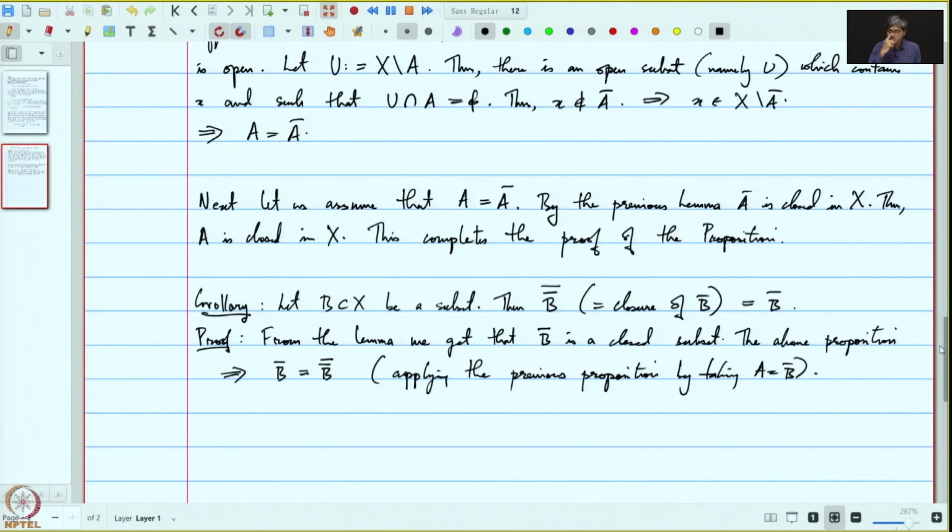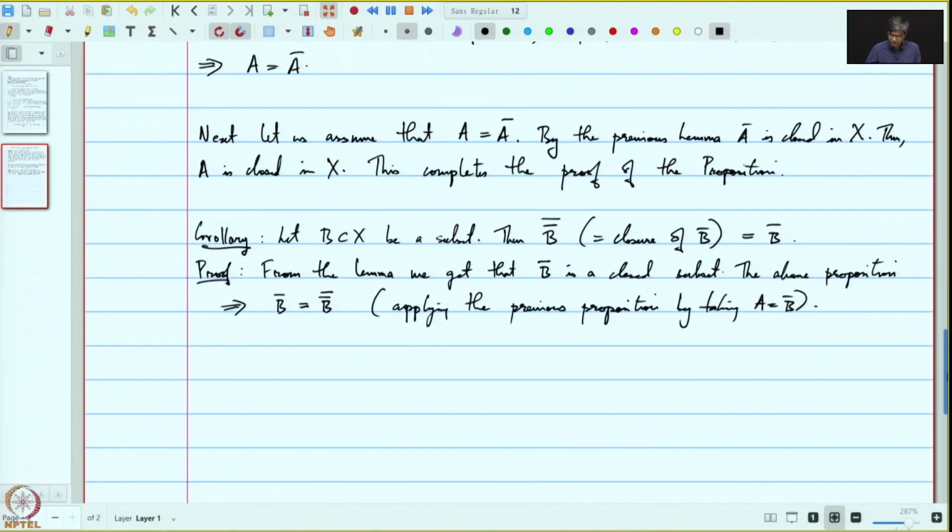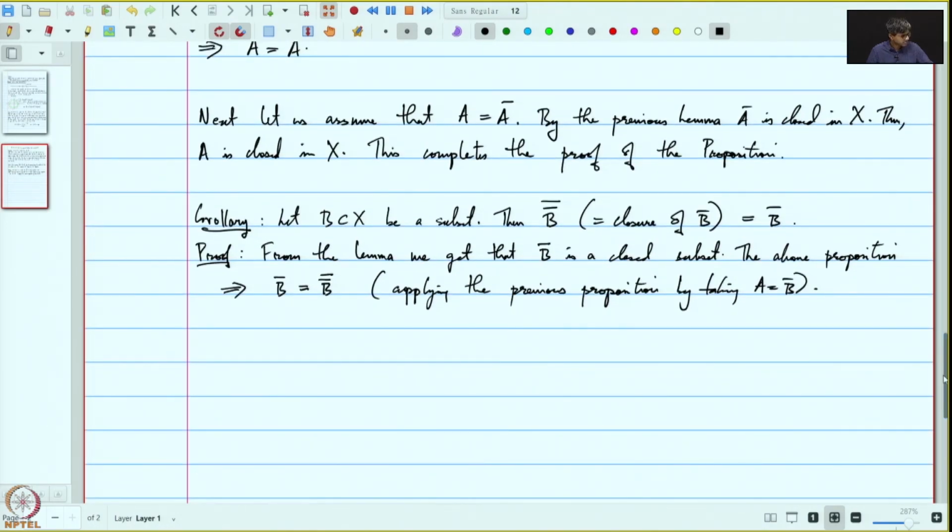So we will end this lecture with two easy exercises. So let A contained in B be subsets, then A closure is contained inside B closure. That's the first exercise.